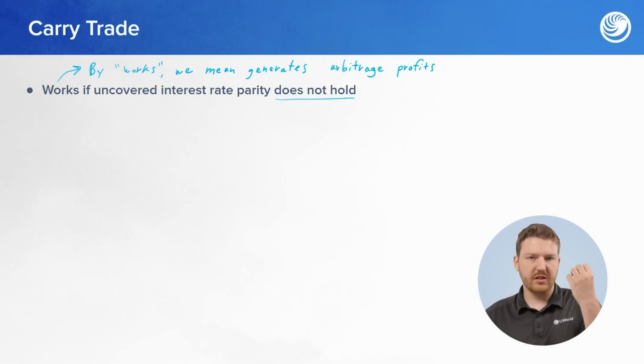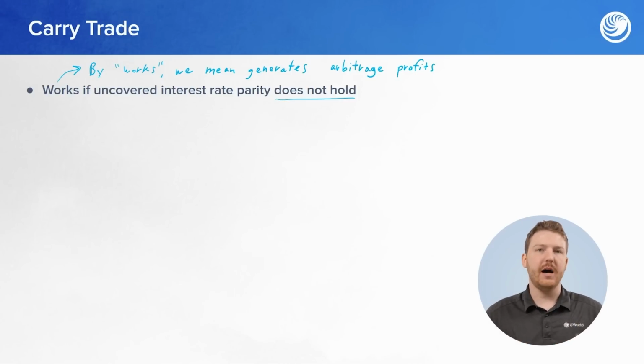Because of the way that the spot rate and the forward rate mechanics work, that should not be a possible arbitrage strategy if the spot rate turns into the forward rate based on the exchange rates between the two. But this carry trade strategy is basically going to work if that spot rate doesn't turn into the forward rate in the way that it was expected to.